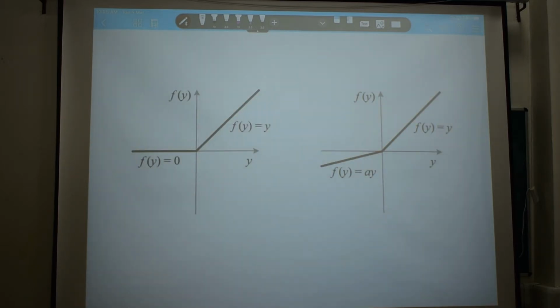But there is something called the dying ReLU. What's the spelling of dying? D-Y-I-N-G. We will talk about what it means that it's dying. Also, there are two things which will happen. First, your gradients are going to be multiplied when you go back.